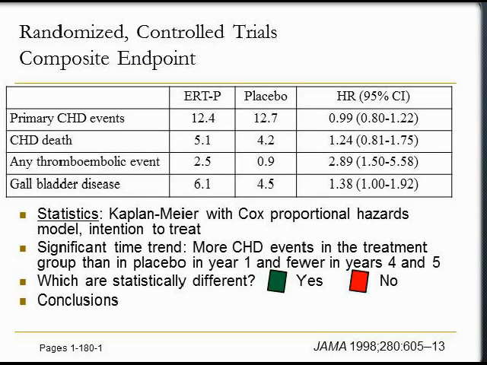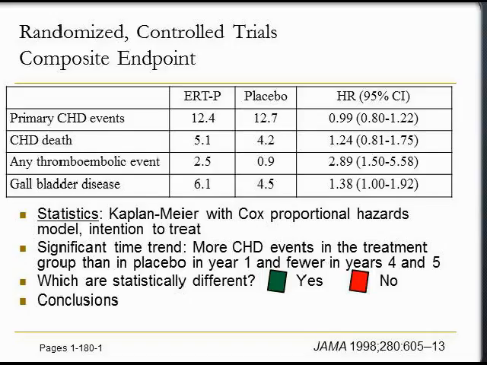So let's go to the composite endpoint: primary CHD events, CHD death, any thromboembolic event, gallbladder disease. And again, I've kind of picked and chosen as I wanted to make a variety of points.